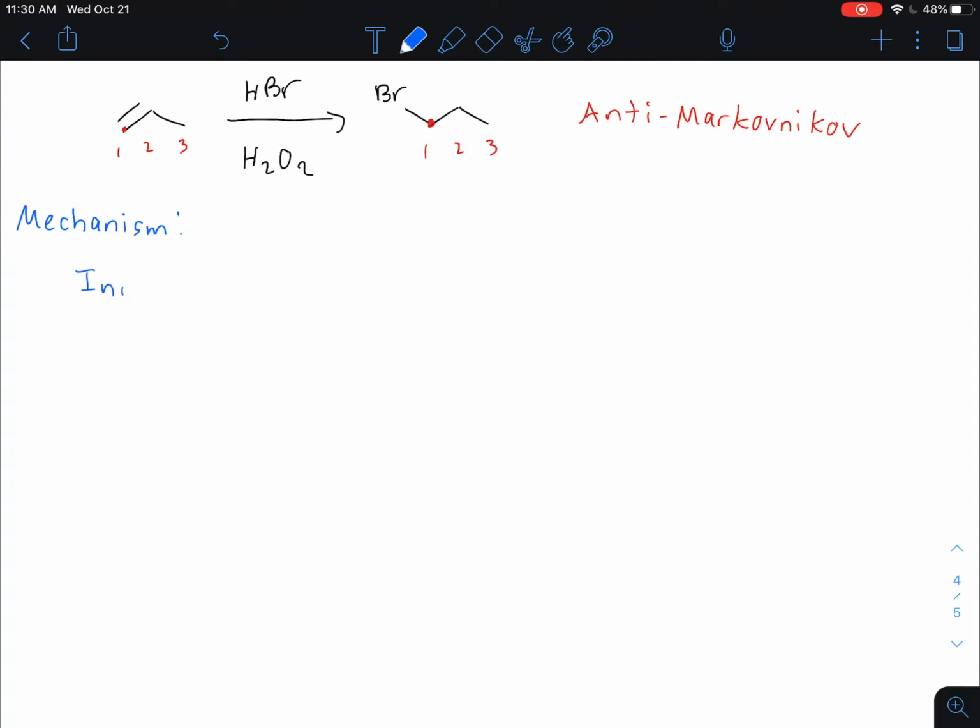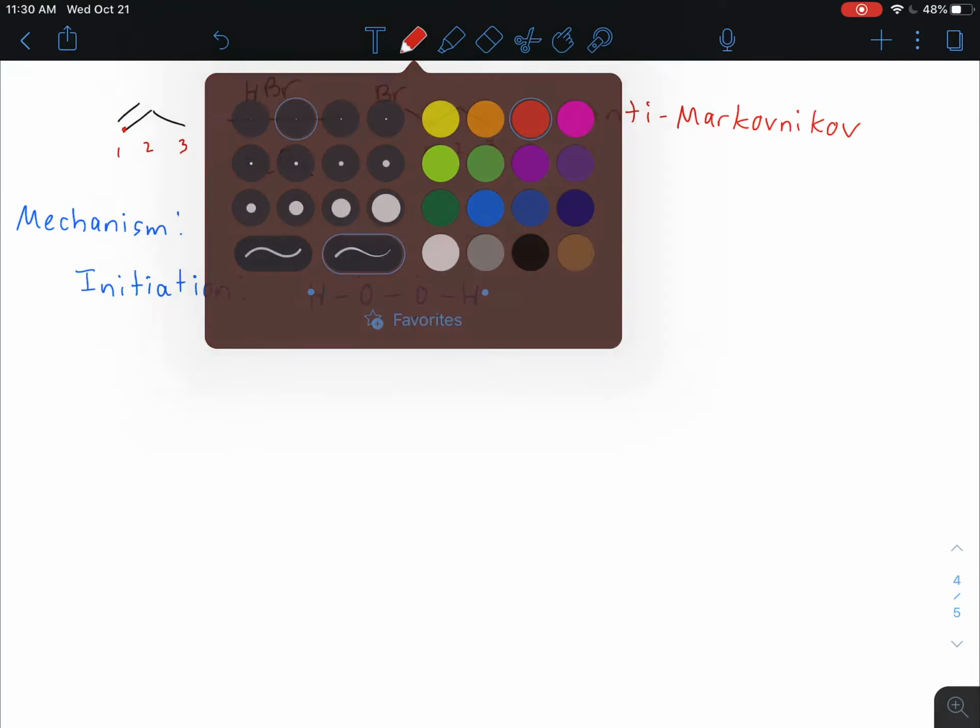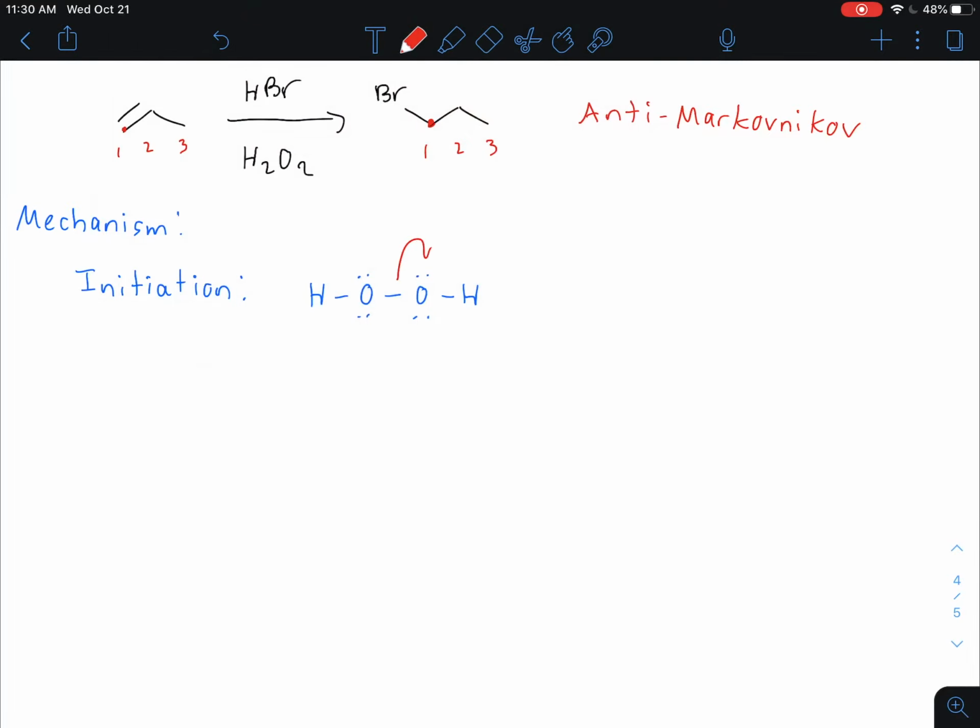Okay, so we'll start with our initiation as usual, and I think I said this before, it's going to be a two-step initiation rather than a one-step initiation. What's going on, I'm just going to draw this flat, is in the first part, we're forming our peroxide radical. And that's what's happening that's so different in this reaction compared to the traditional HBr addition that's Markovnikov.